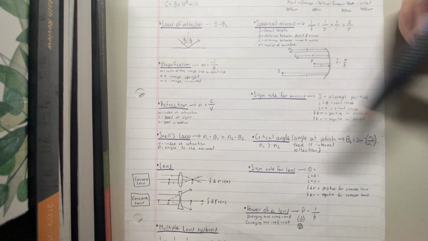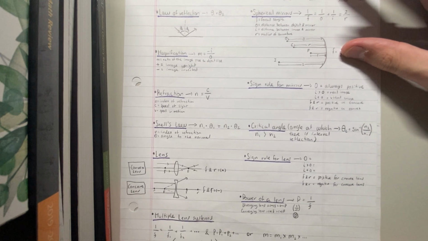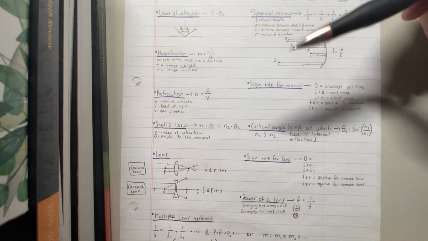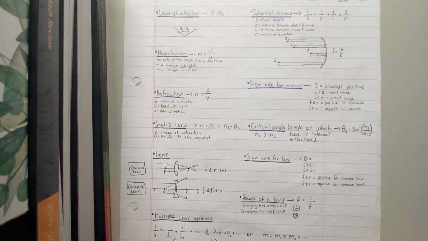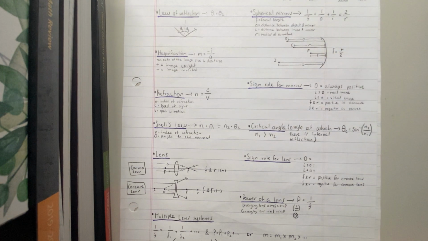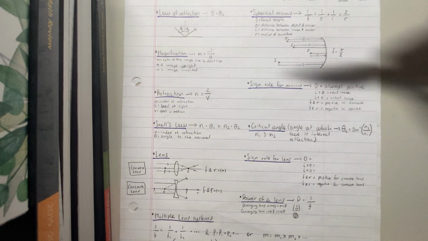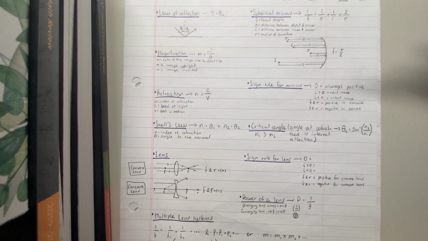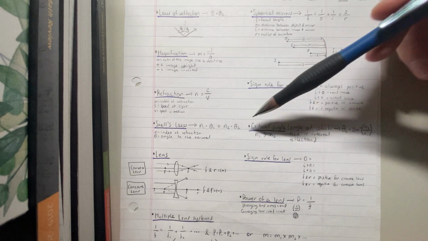And then something that's not super important, but important enough to mention: if n1 is higher than n2, then the angle for n2, so alpha 2, is going to go up.